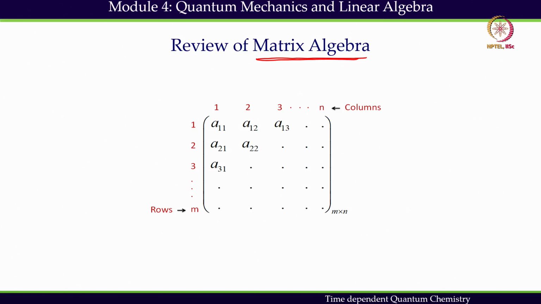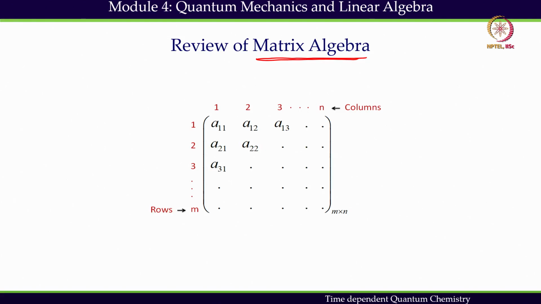In linear algebra, a matrix represents an array of numbers, a collection of numbers or mathematical expressions arranged in rows and columns like this. Most of us are quite familiar with this matrix representation.